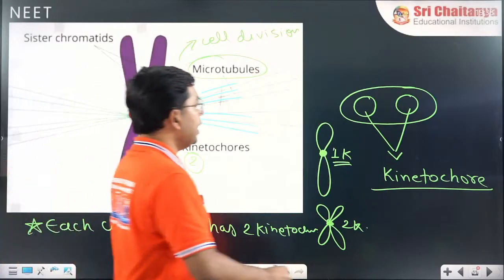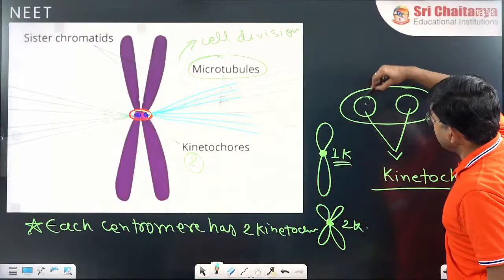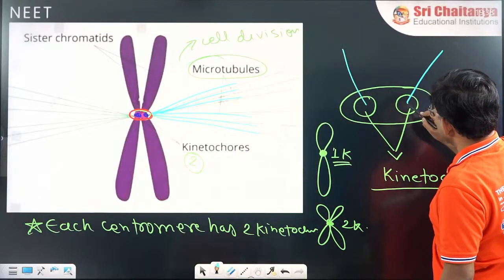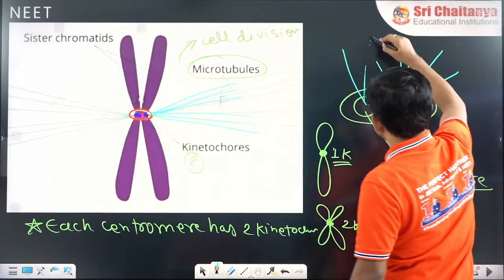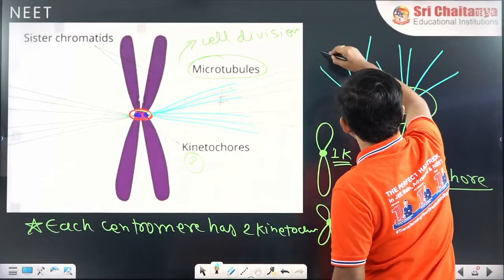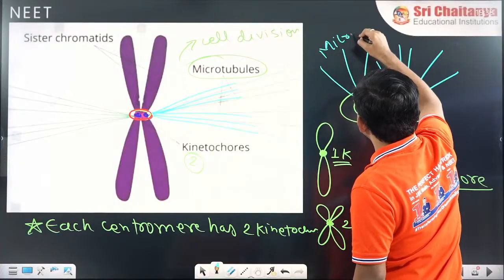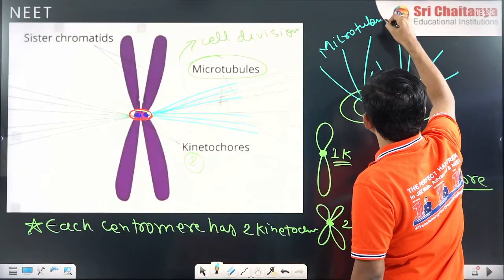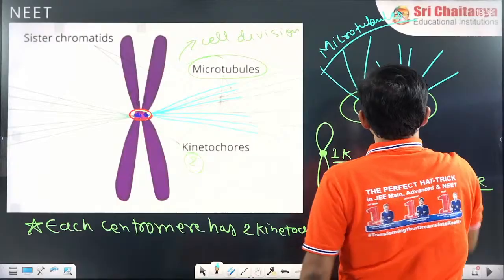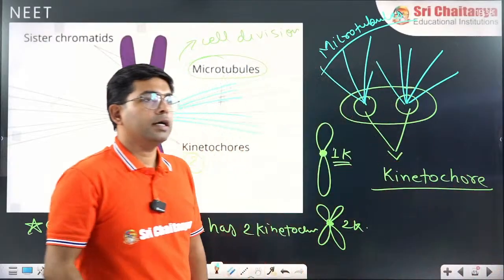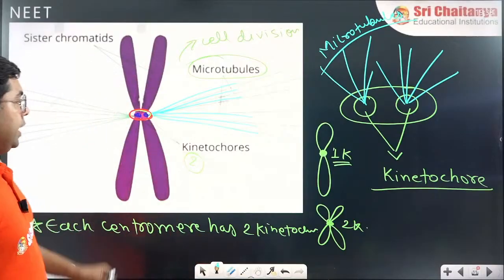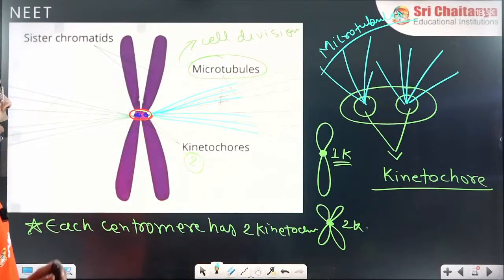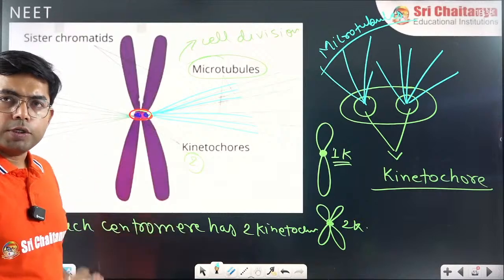So if I ask what will combine with the kinetochore, these are microtubules. Microtubules will go and combine with the kinetochore. Is this point clear? So each centromere has two kinetochores. Now we have understood it.